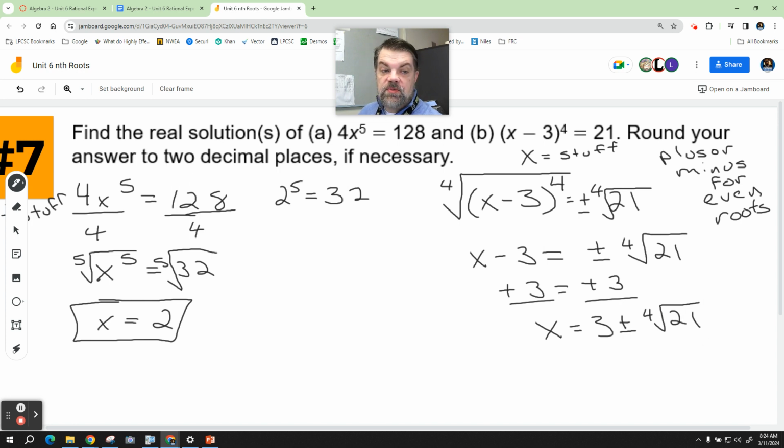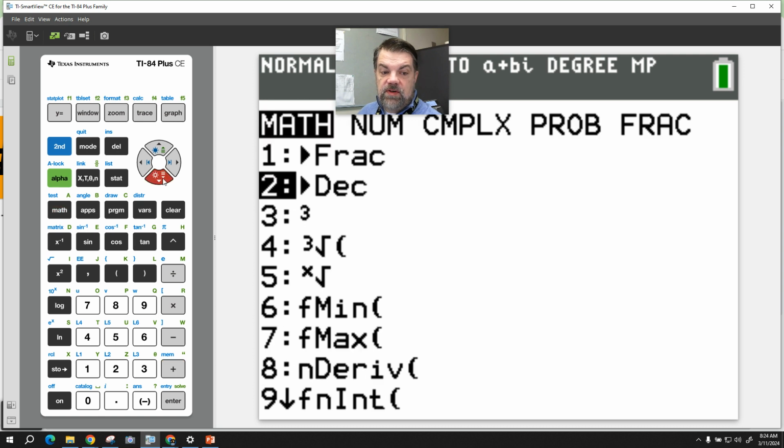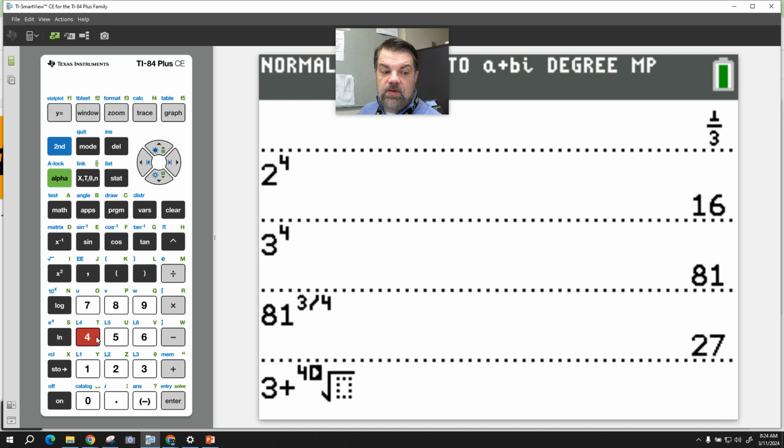Now, if you read, it says round to 2 decimal places, so we got to put this in our fancy calculator. Okay. So I'm going to do this. I'm going to say 3 plus, and we got to hit the math button, right? Go down to option number 5. We want the fourth root of 21.